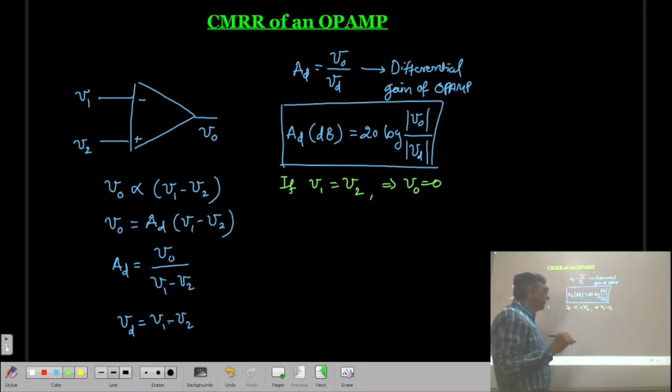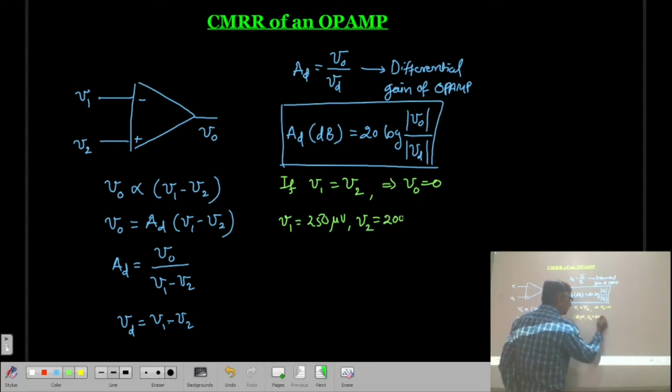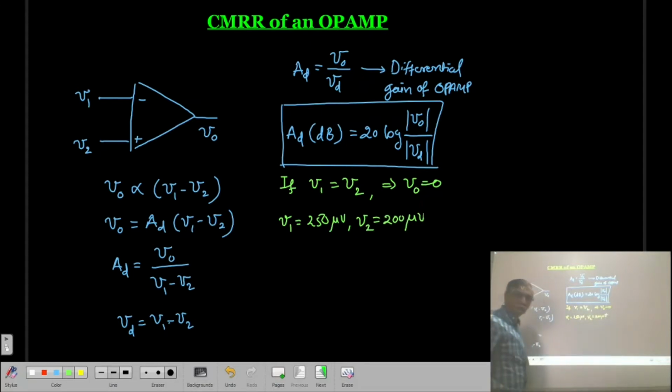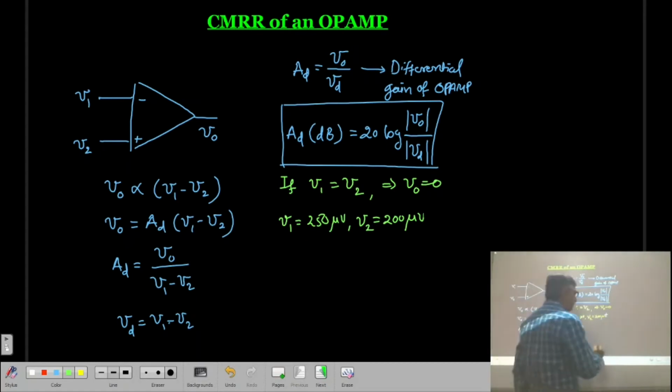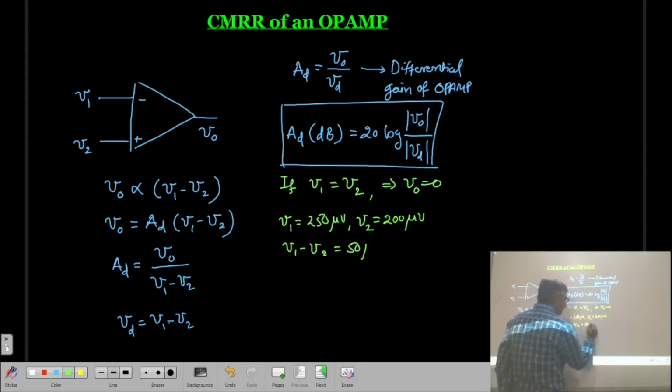Now let us take an example. Let us say V1 is equal to 250 microvolt and V2 is 200 microvolt. In this case, V1 minus V2 will be 50 microvolt.